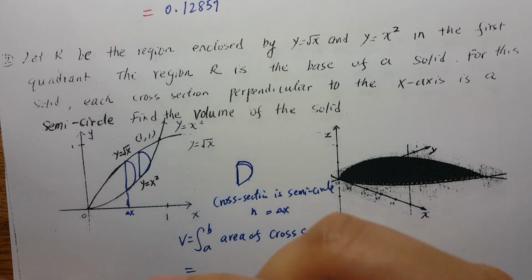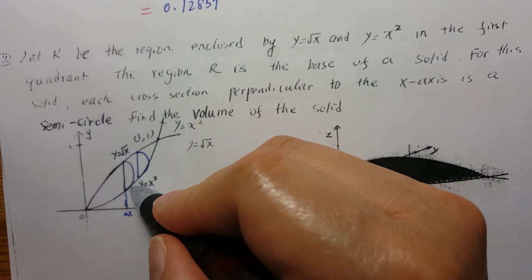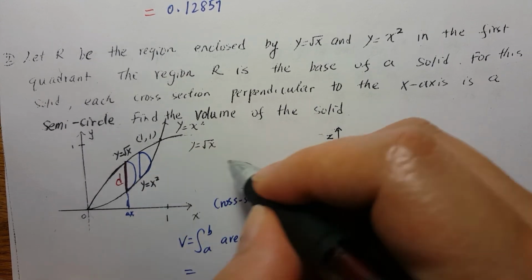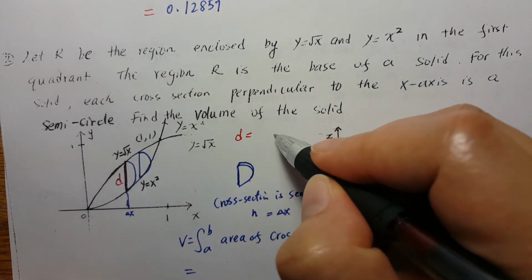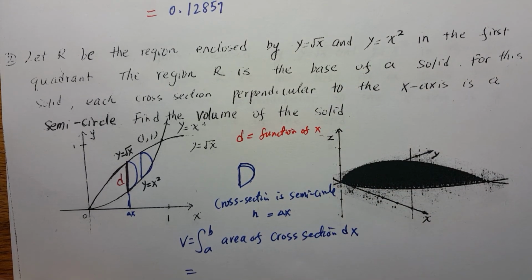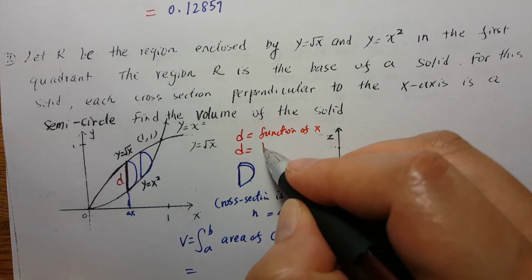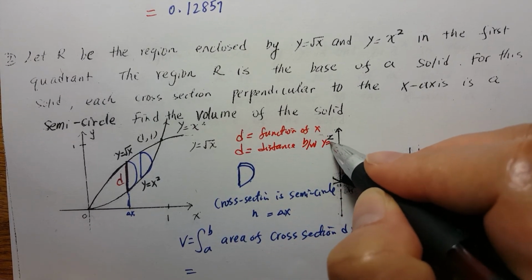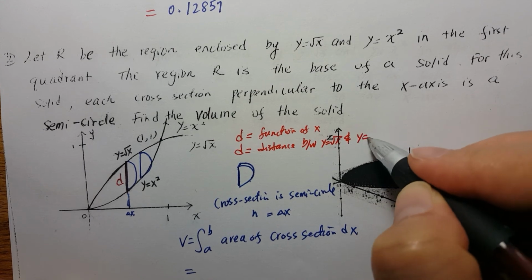Now look at here. Let's take a look at one cross section. This is a diameter. So the diameter is a function of x. The diameter d is the distance between y equals square root x and y equals x squared.